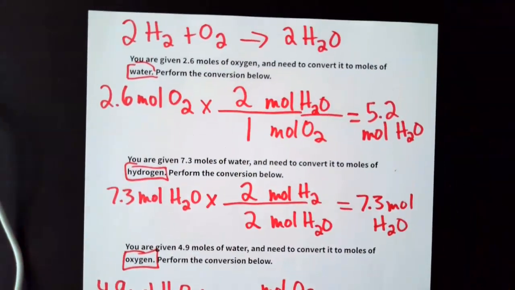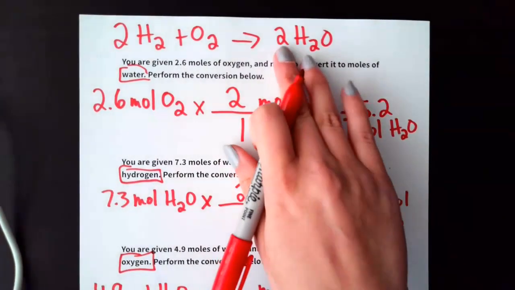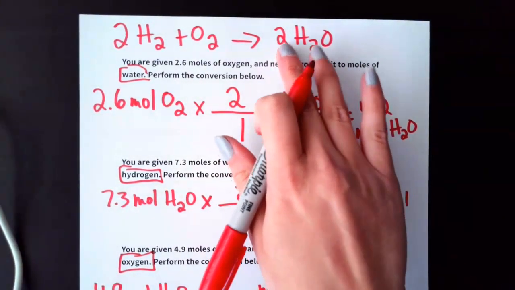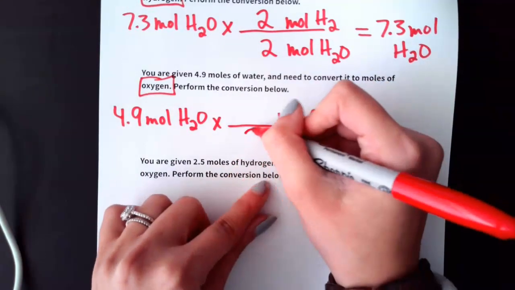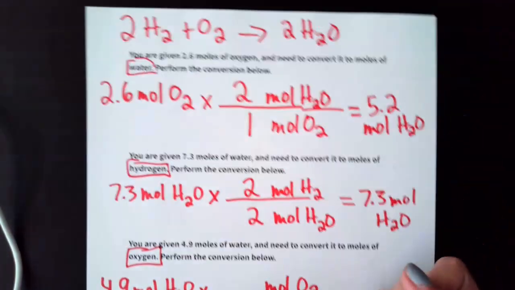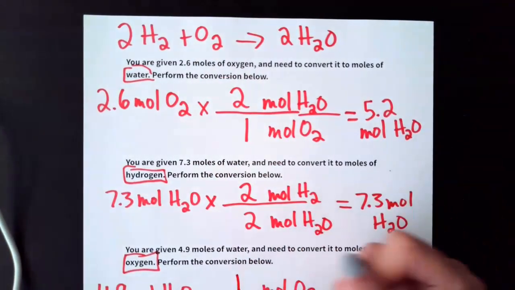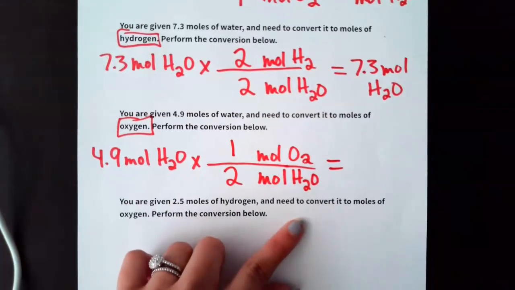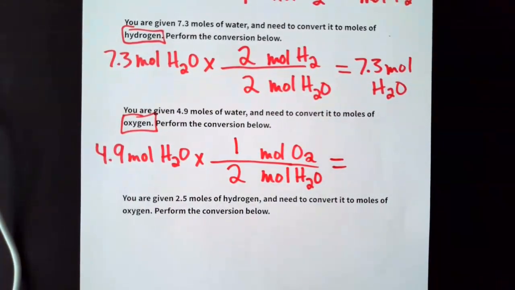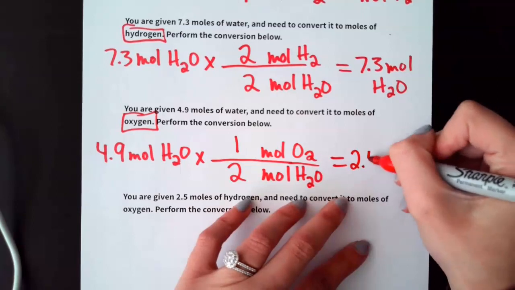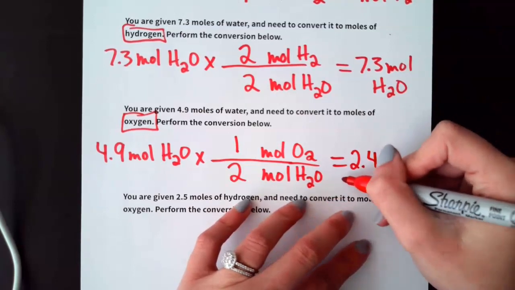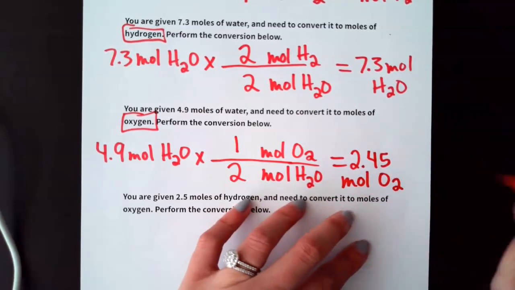Well, if we come back up here and look, our coefficient for H2O is 2. So we put a 2 right here. Our mole of O2, that coefficient is 1. So this time, we're going to take 4.9 and divide it by 2. And whenever you do that, you get 2.45 moles of O2.